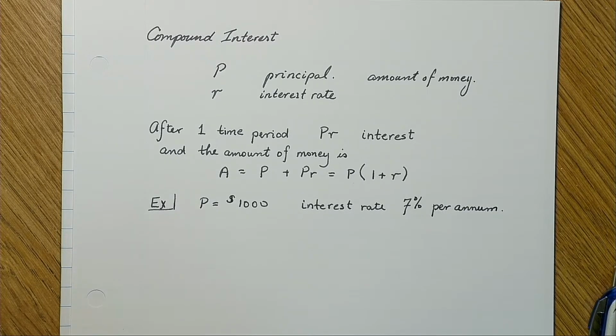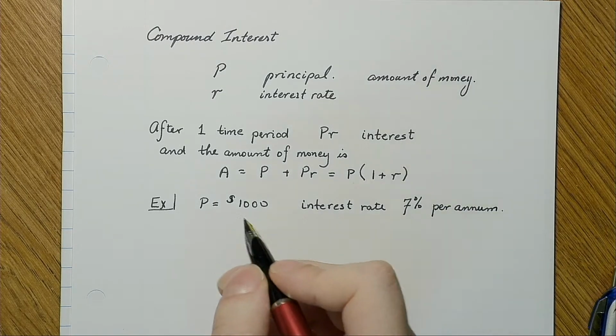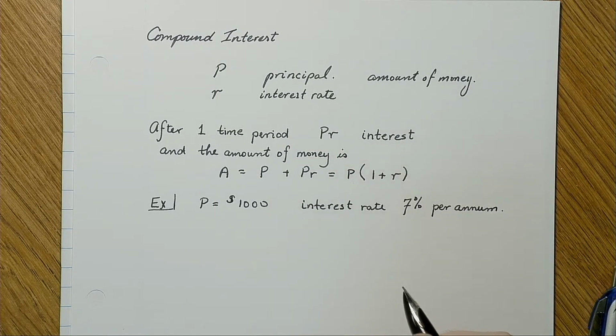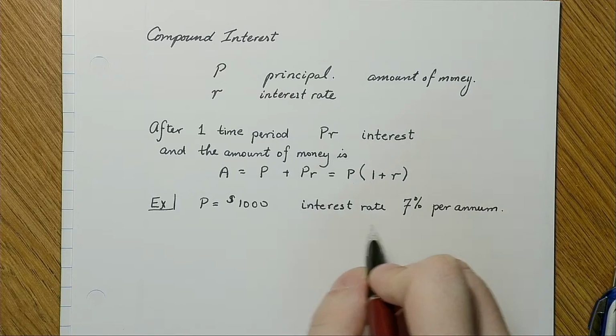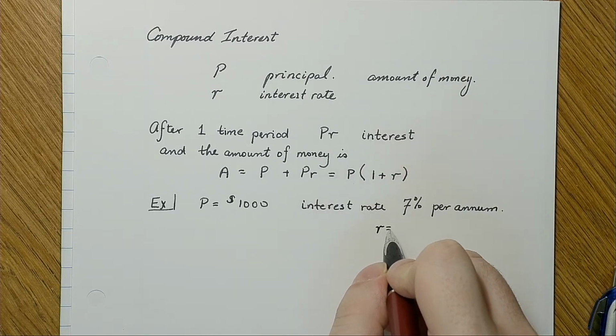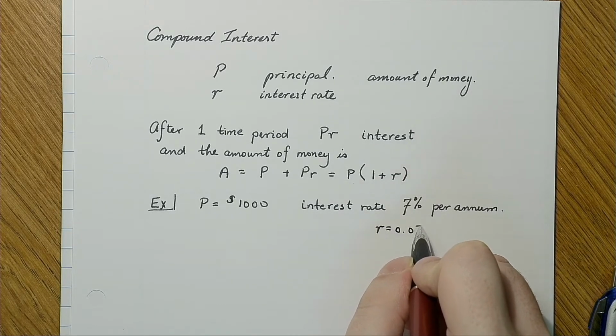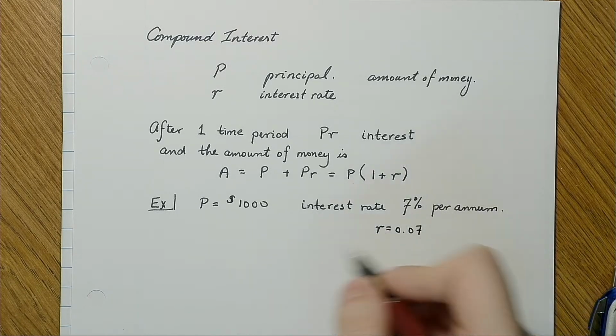Anyways, the interest rate will say 7%, which means that R is equal to 0.07. So the way that you get the percentage is you divide by 100.